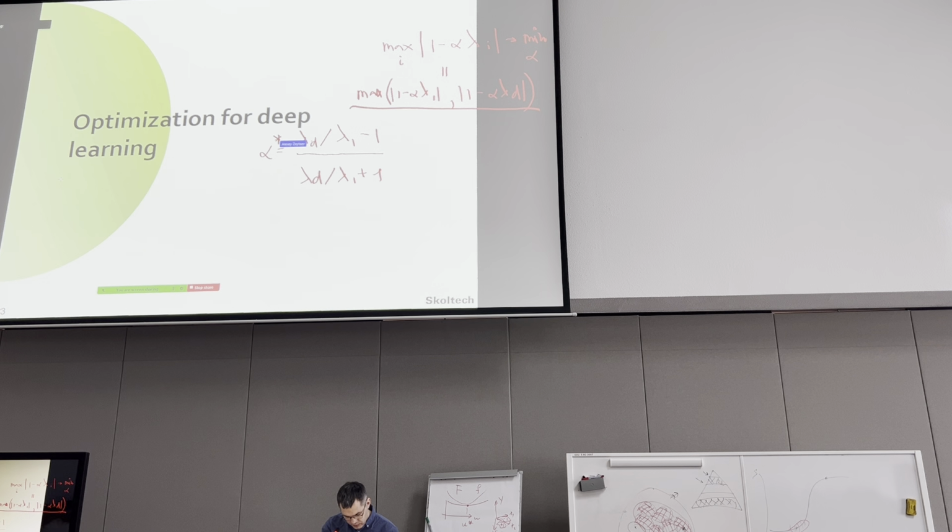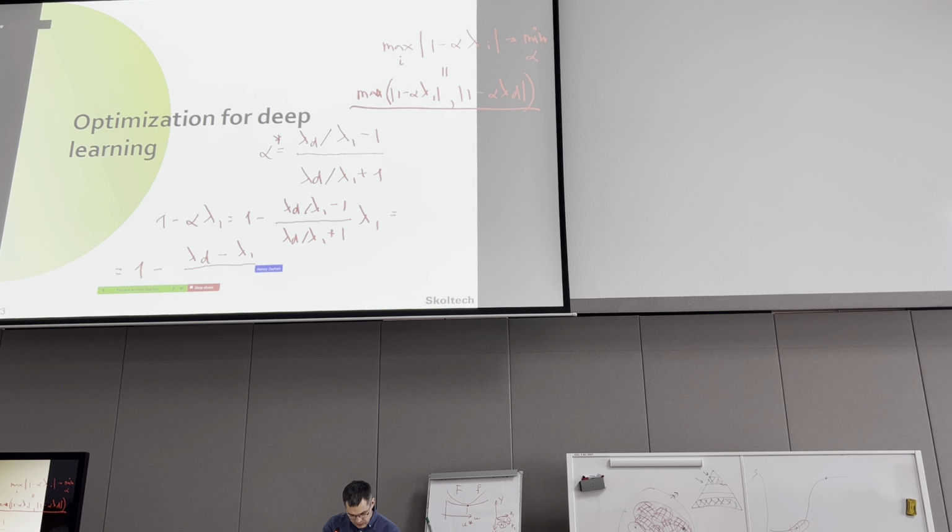And let's see what would be the rate of convergence for the specific alpha star. 1 minus alpha lambda 1 equals 1 minus lambda d divided by lambda 1 minus 1, divided by lambda d plus 1, times lambda 1, and it is 1 minus lambda d minus lambda 1.